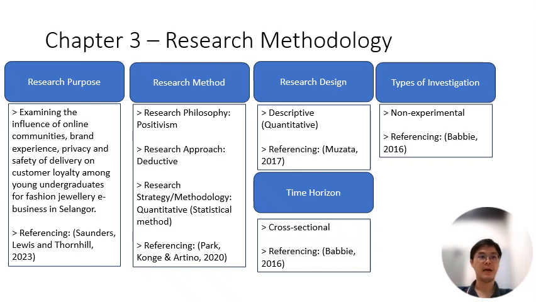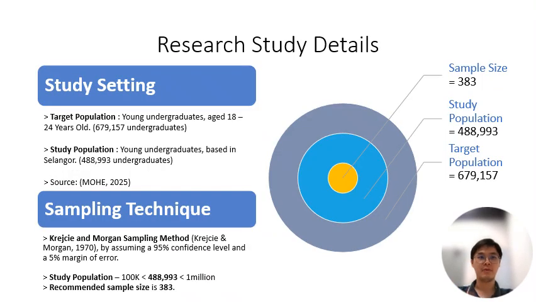The research purpose is to examine the influence of online communities, all 4 IVs, on customer loyalty among young undergraduates for fashion jewelry e-business in Selangor. This will be the study setting. The target population is young undergraduates aged 18 to 24 residing in Selangor.